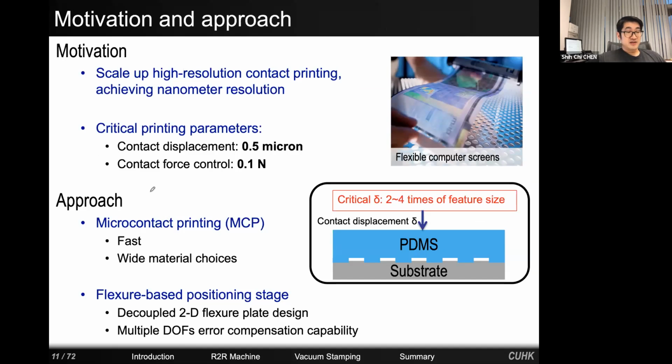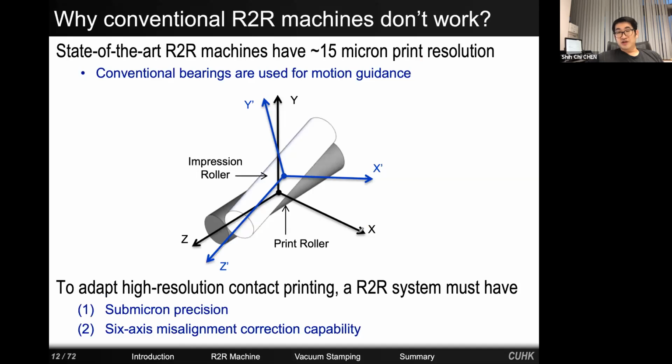So the goal of this project here is to develop a high resolution roll-to-roll printing process. And we did some calculations. We want to make sure during the contact process, the displacement must be controlled within 500 nanometers, and the force needs to be controlled within plus minus 0.05 Newton. During printing, we must address the roller in multiple degrees of freedom, because it can be tilted or having errors in different dimensions.